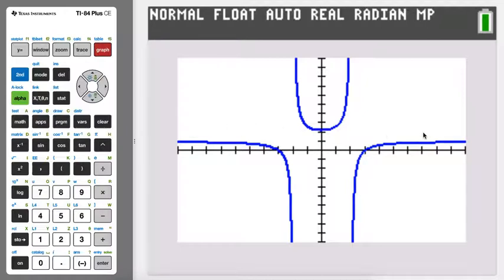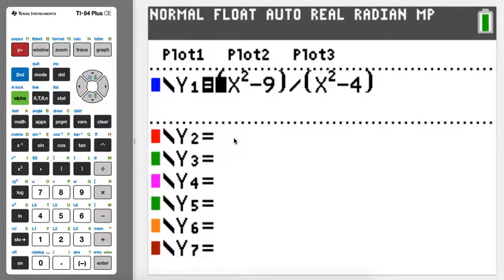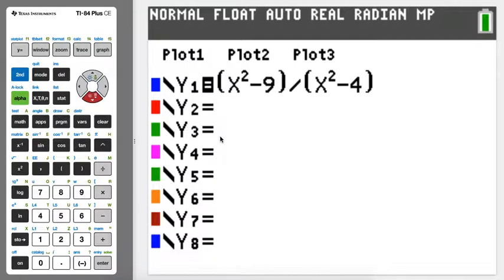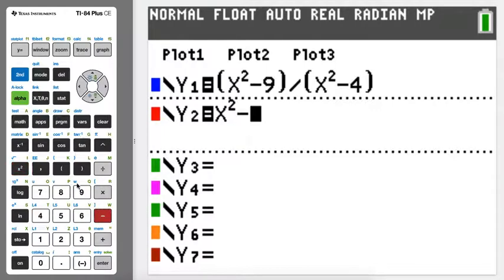So I'm going to show you how we could use a graphing calculator to get the zeros of our numerator and of our denominator. So go back to the y equals, and on your next line, enter just the numerator. So enter x squared minus 9. And we're going to compare the graph of that to the whole function.